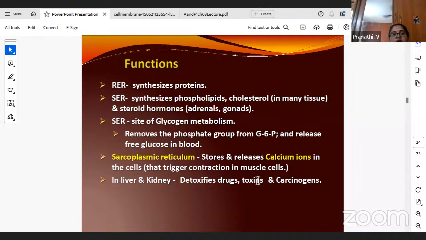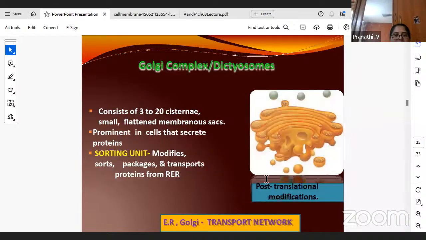Kidney purifies the blood. Spleen is the graveyard of RBCs: after 120 days of RBC life, they go into the spleen, and that is where lysis of RBCs takes place.